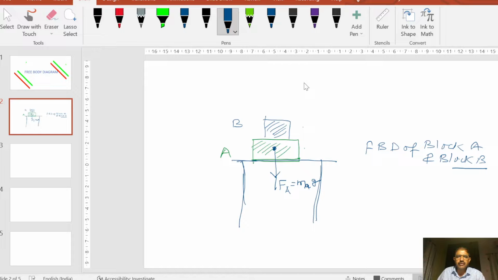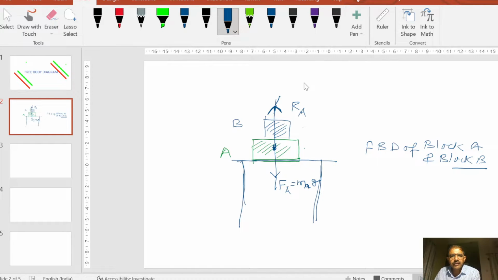The next force which is applied on this block is due to the table, because the table will provide a force that is equal to the normal reaction. This force is provided by the table, but it is applied on block A. Suppose this is my force Ra.